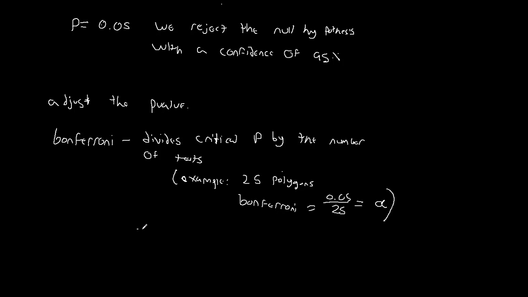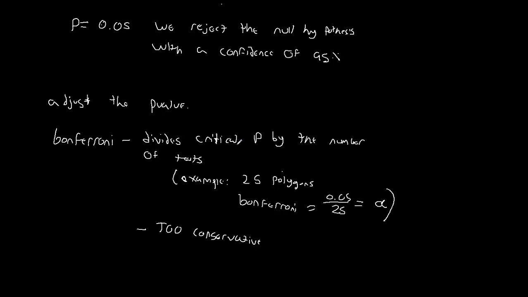One criticism of Bonferroni that you will often hear is that it's too conservative. Dividing by the number of tests, especially if you have a lot of tests, you're making your critical threshold a lot smaller.